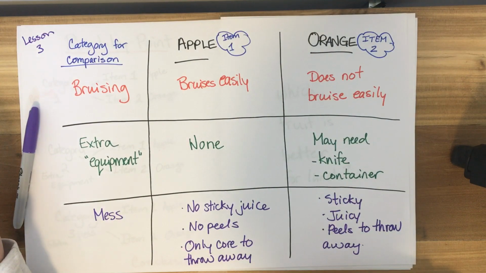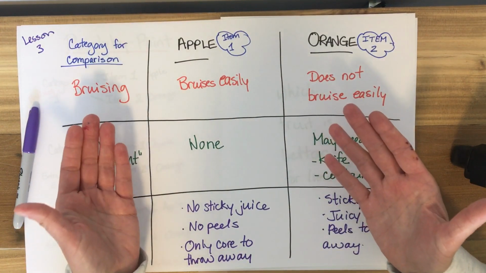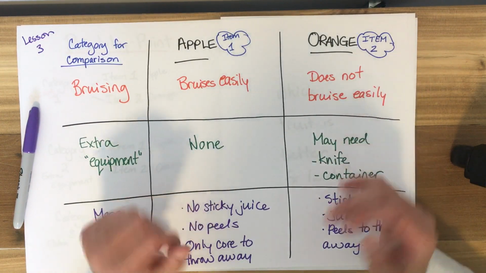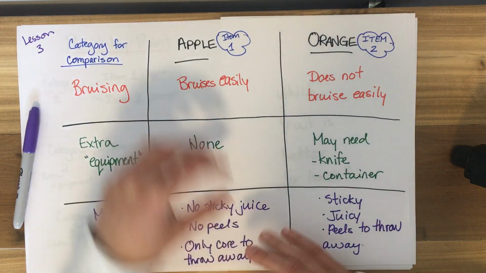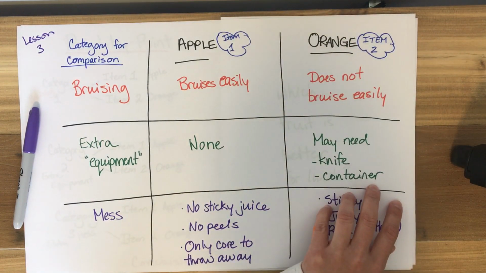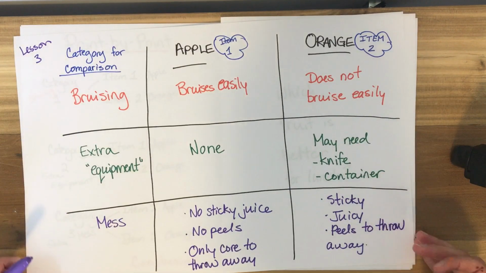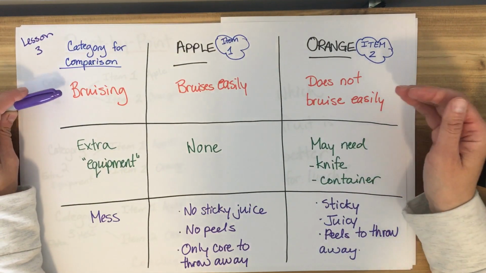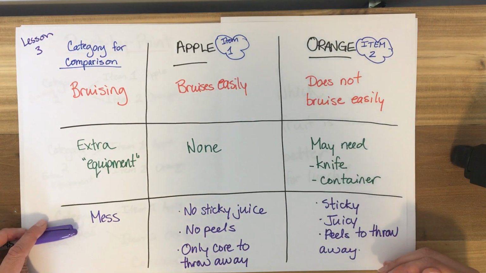So now that you've done that, I want us to think, how would you, if you were telling people about an apple and an orange and telling them how you decide to take things for lunch, how would you compare these 2 items? Would you tell your listener all about the apple first and then all about the orange? Or would you decide that you were going to do a category by category comparison and talk about how each one bruises, how each one might need extra equipment, and the mess level of each one?